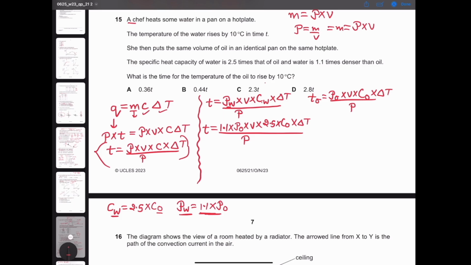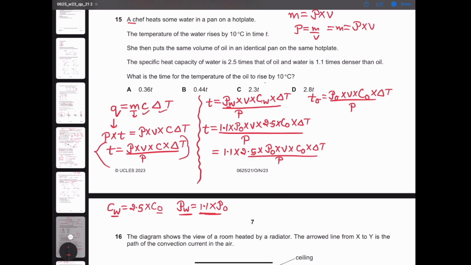Alright, now let's solve it here. 1.1 times 2.5 into density of oil into volume into specific heat capacity of oil into delta T by power.